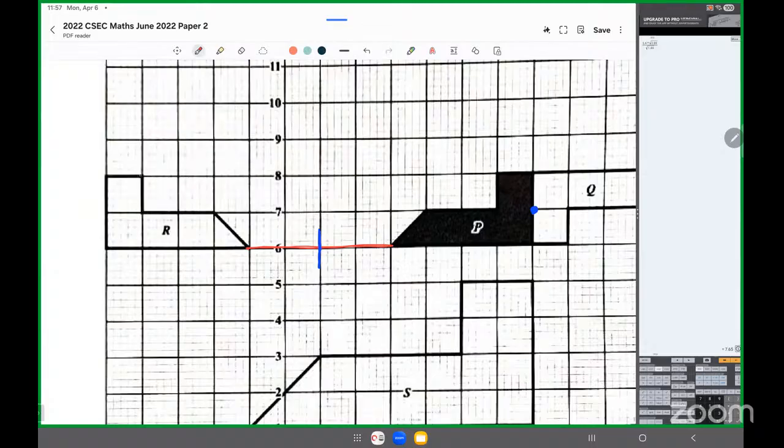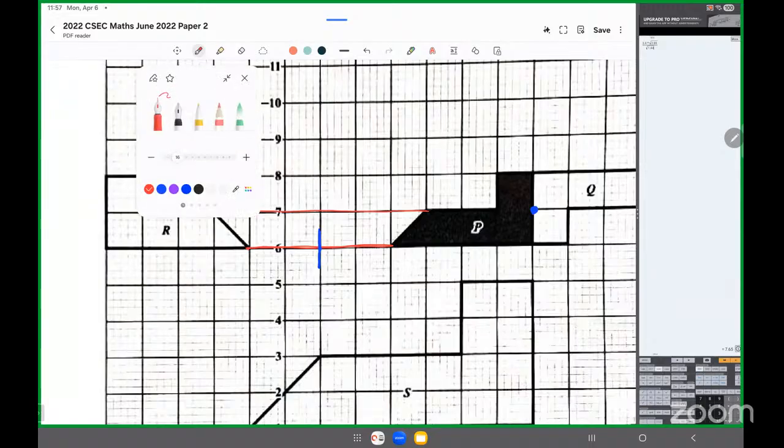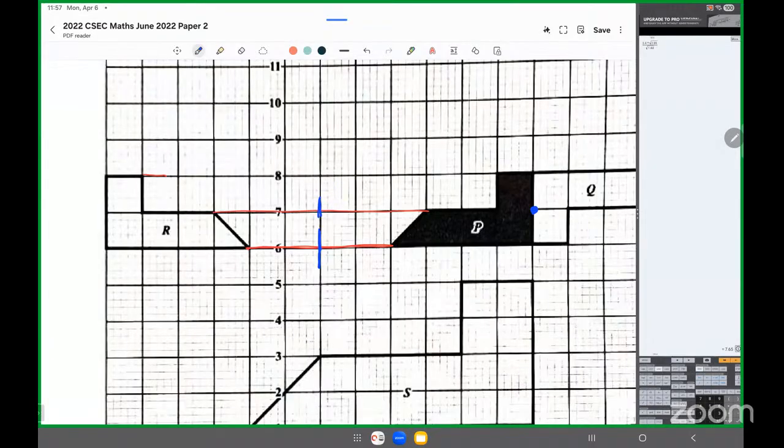Let's say choosing these two, or these two instead. Again, you see that the halfway mark is right here. So you know the mirror line is this blue line right here.